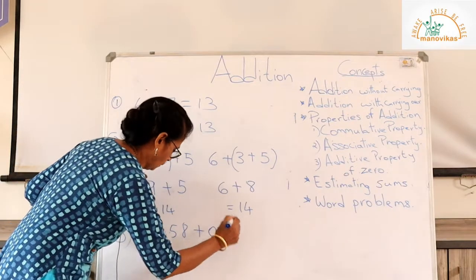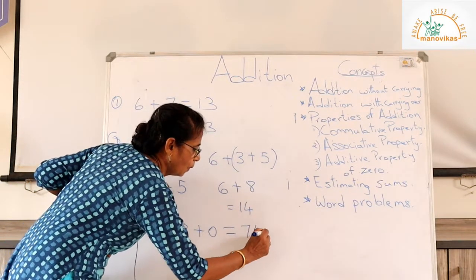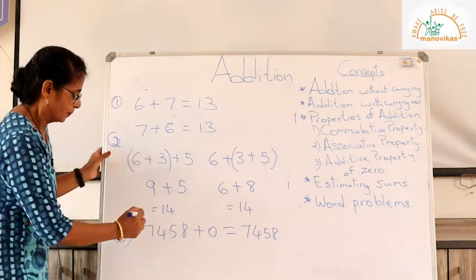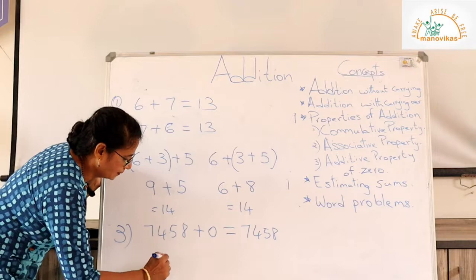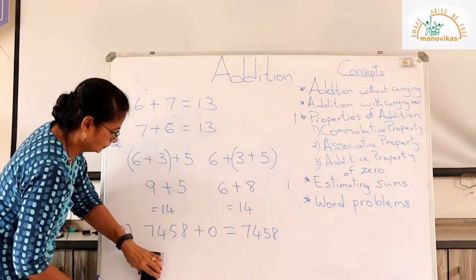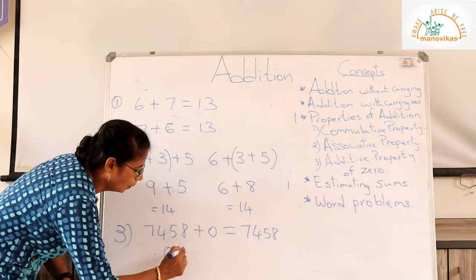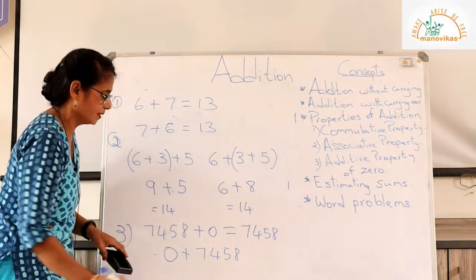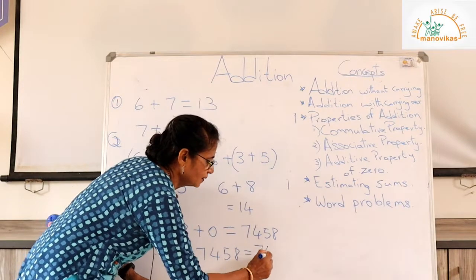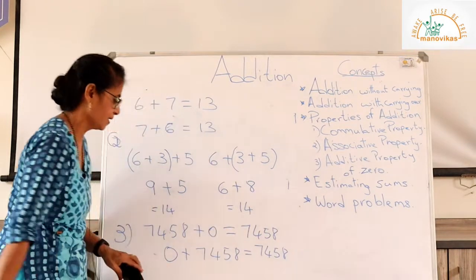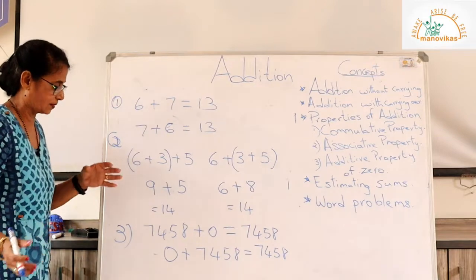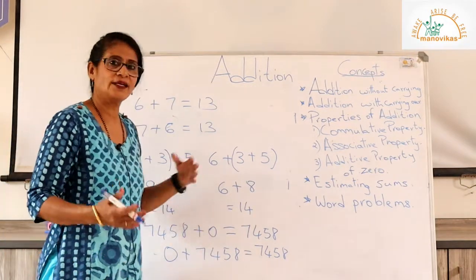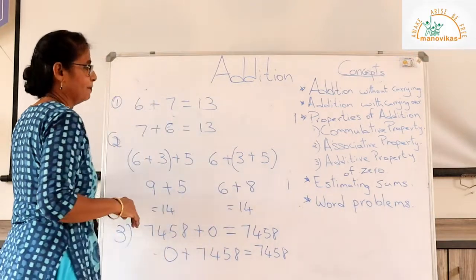When we add a 0, we get 7,458. The 0 here has no value. Now, 0 plus 7,458 is equal to 7,458, because when you add a 0 to a number, you get the same number, or you add a number to 0, you get the same number.